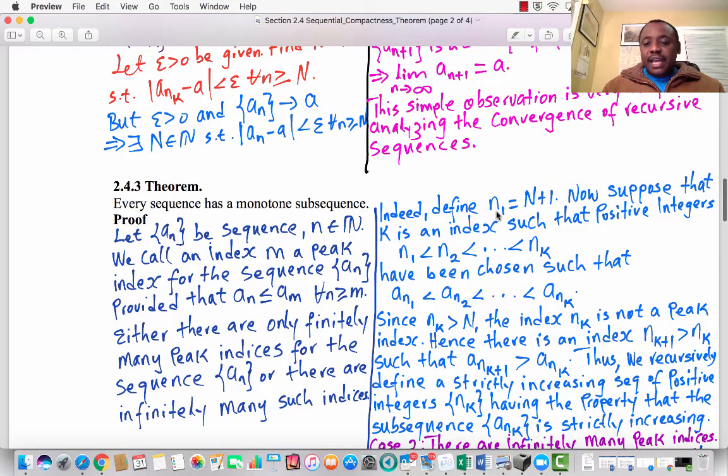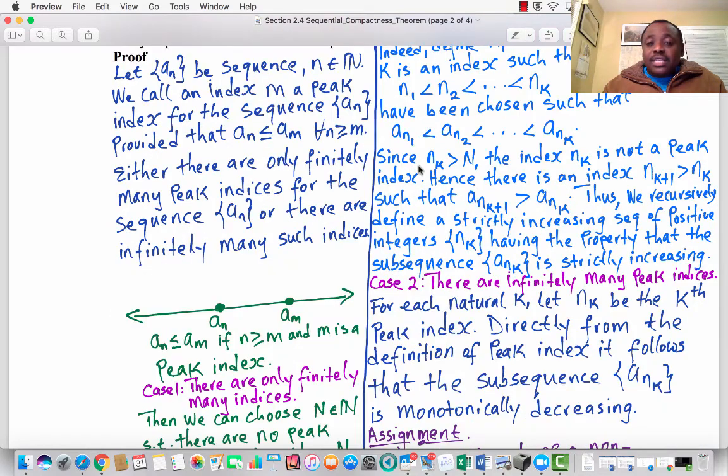Indeed, define n_1 to be uppercase N plus 1. Now, suppose that k is an index such that positive integers have been chosen such that a_{n_1} < a_{n_2} < ... < a_{n_k}. Now, since n_k is greater than N, the index n_k is not a peak index.